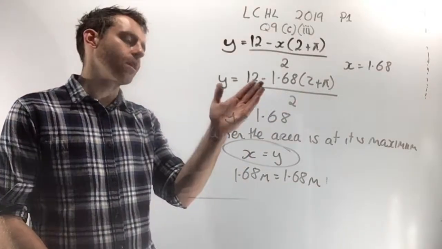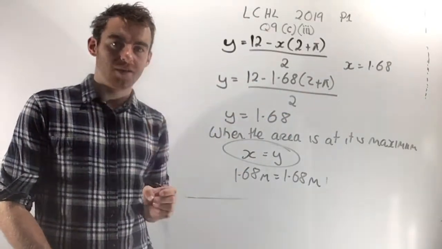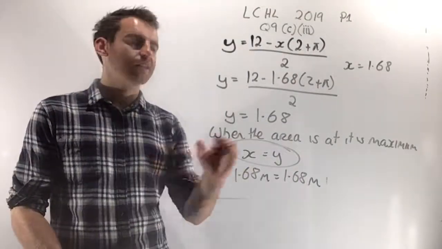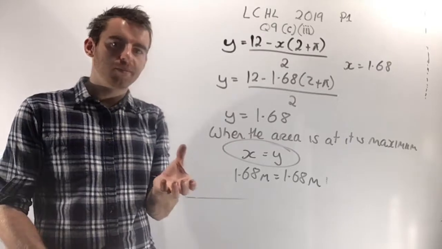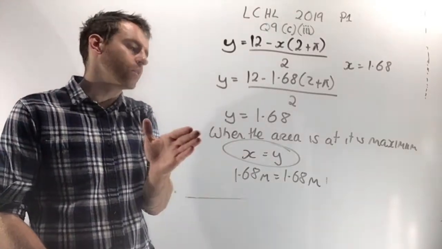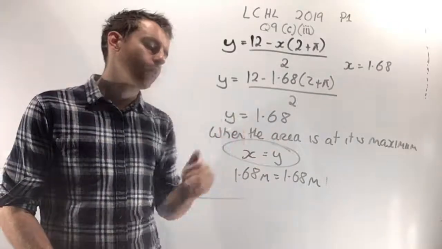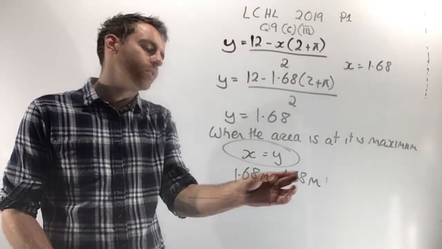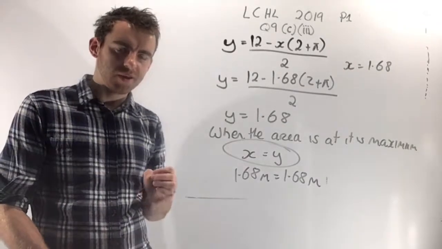Plug all that into my calculator, and your y value actually works out as 1.68 as well, which means that at the maximum, the x value and the y value are the same. So it asked you to describe the relationship, so with my conclusion I could just say when the area is at its maximum, the value of x equals the value of y, or in other words they're both 1.68 meters.